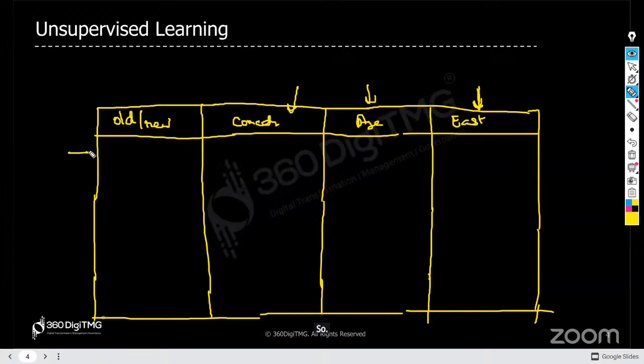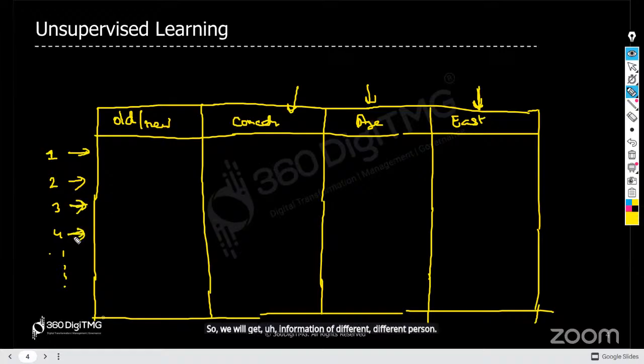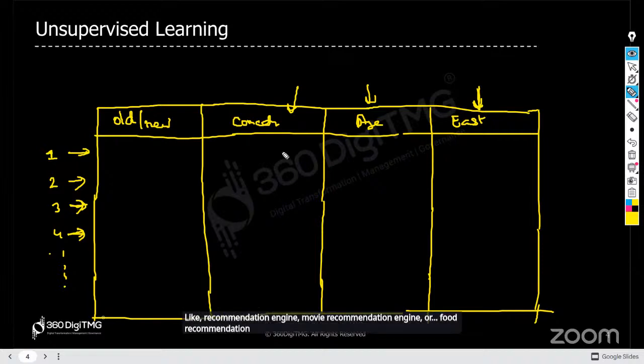So this is person one, two, three, four, and it will go on. We will get information of different people, and we will try to cluster them according to similarity, like a movie recommendation engine, food recommendation, or clothes recommendation.